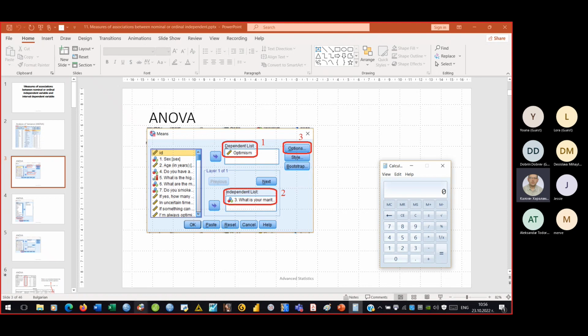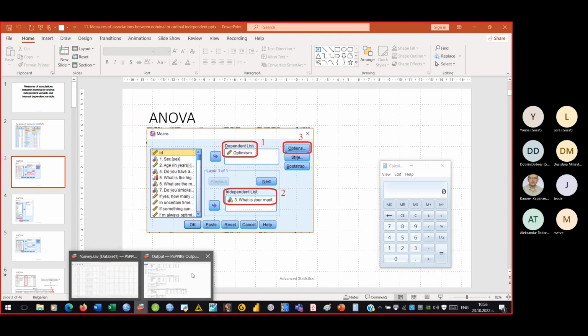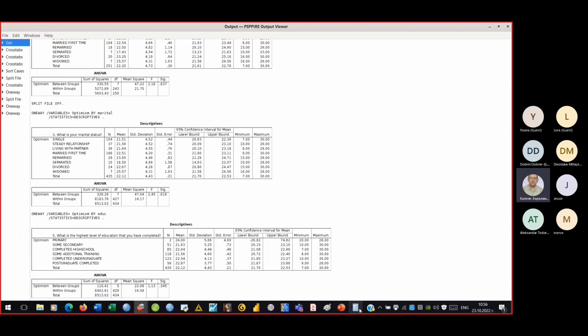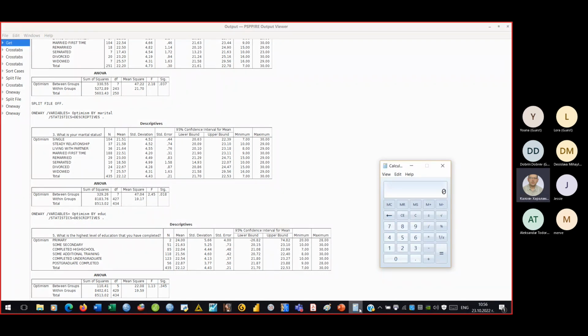And we'll divide 110.31 divided by 8,513.02, and the result is 0.03.